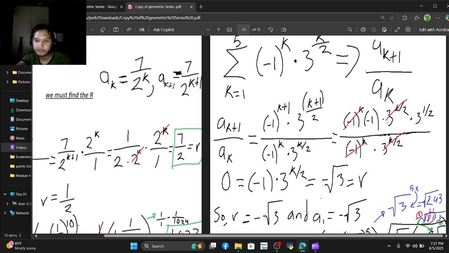We do the same thing here: 3 to the k divided by 2, and 3 to the 1 half. I hope you can see this. This plus means that these are two different things. You cannot combine them, so you have to take both of them apart with the divided by two.